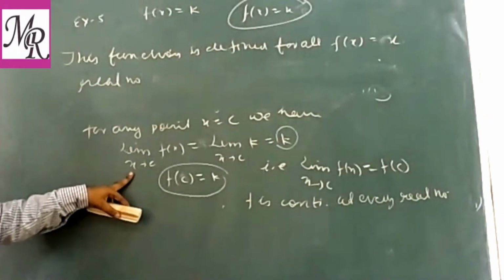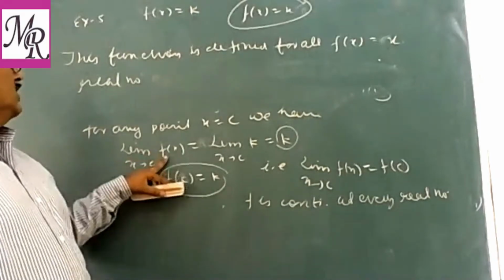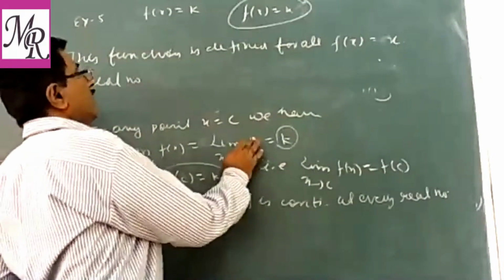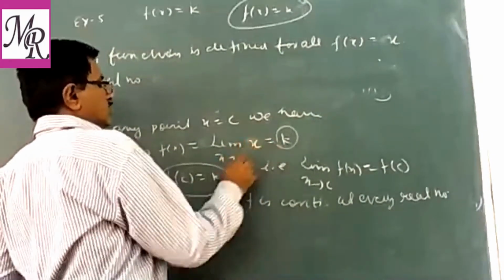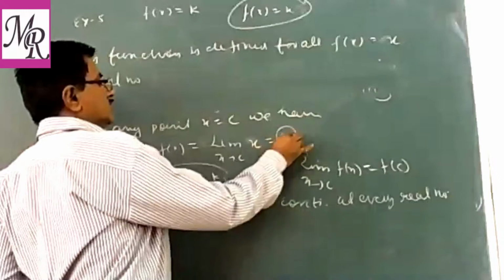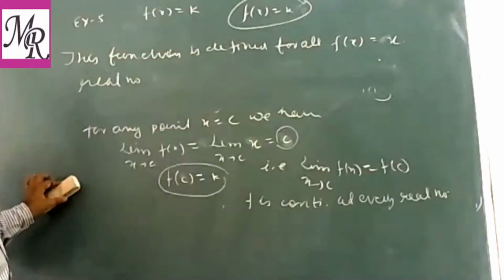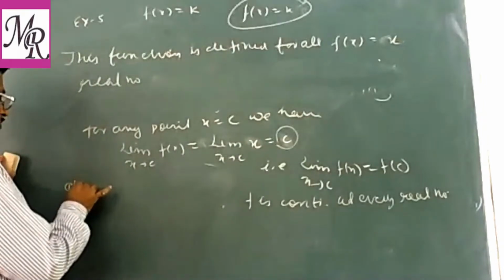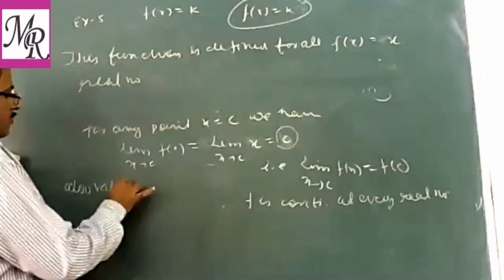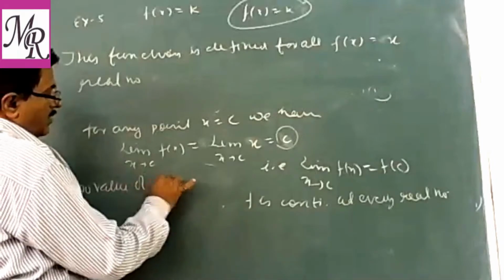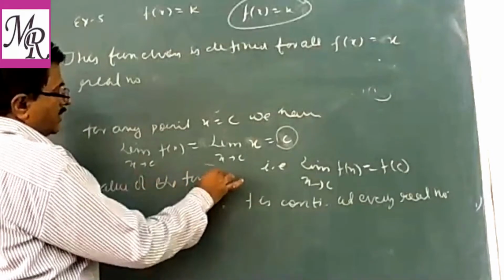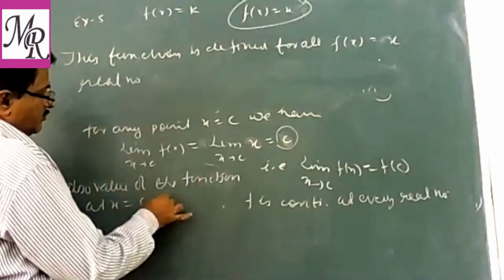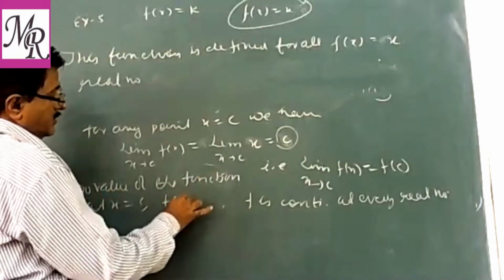Now if you want to find limit x tends to c, f(x) equal to limit x tends to c of x. So x equal to c, so this is c. And also the value of the function f(x) equal to x at x equal to c, we have f(c) equal to c.